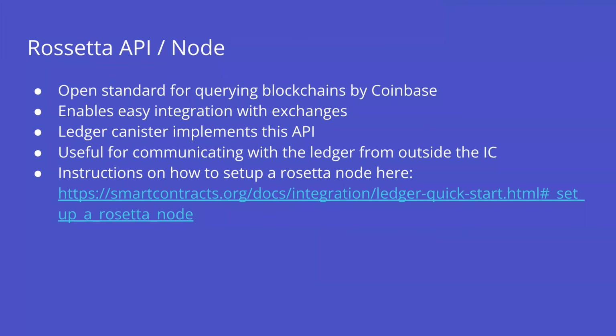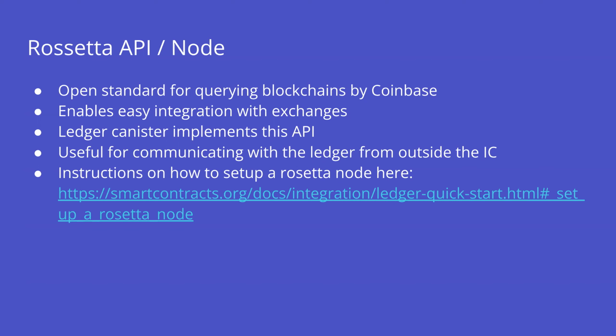One other thing I wanted to discuss is the Rosetta API and node. The Rosetta API is an open standard for querying blockchains that was created by Coinbase. Coinbase had the problem that lots of different blockchains use different standards or different mechanisms to come to consensus, and it was a lot of work to integrate with all these different architectures.